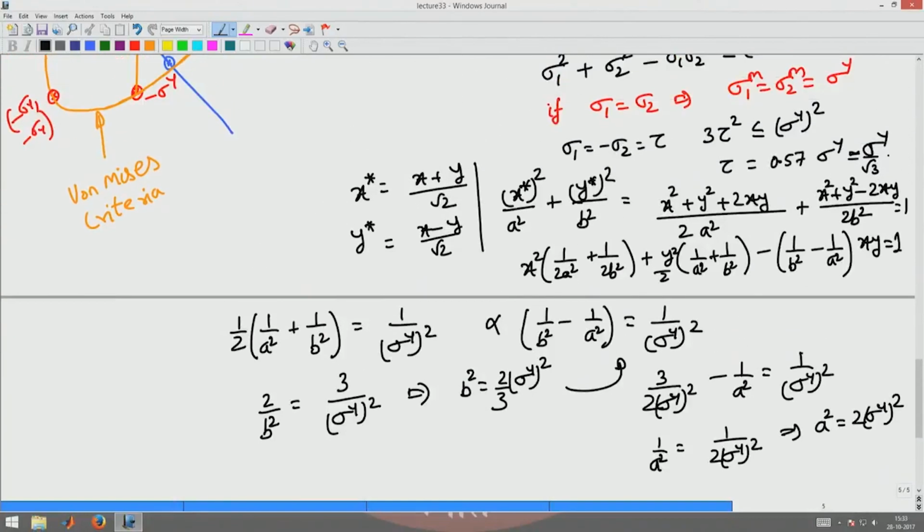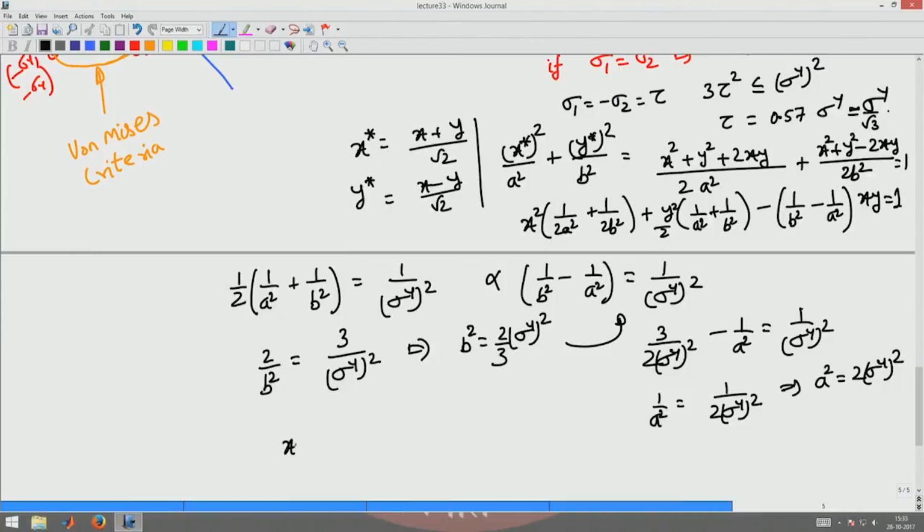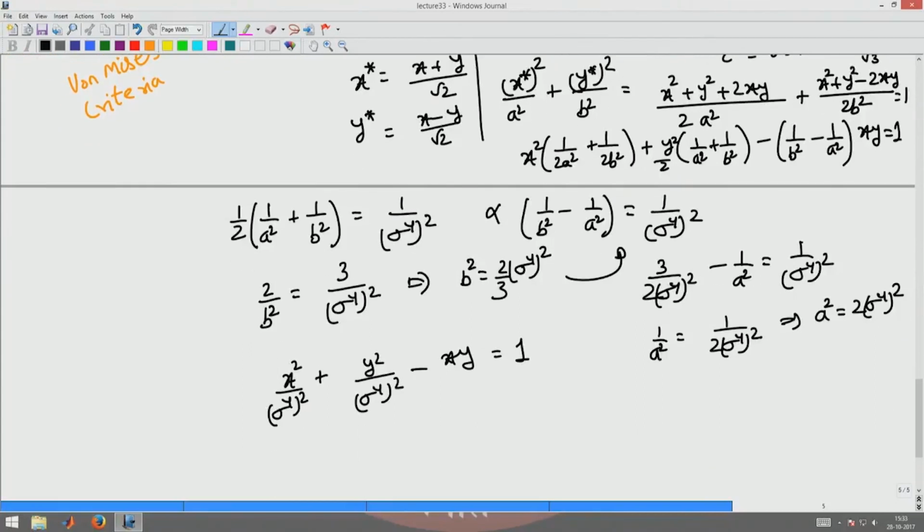So, substituting that back in our equation, you get x square by sigma y squared plus y square by sigma y squared minus xy is equal to 1, or in terms of x star and y star squared, it will be x star by 2 sigma y whole squared plus y star by root 3 by 2 sigma y the whole squared must be equal to 1.